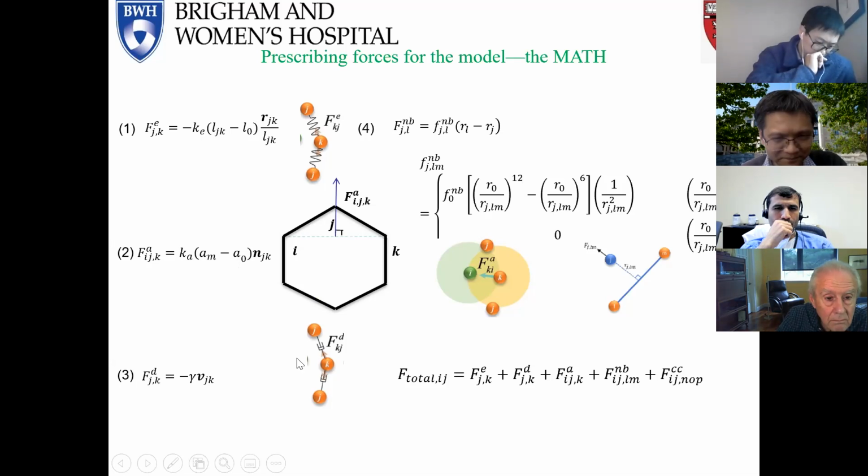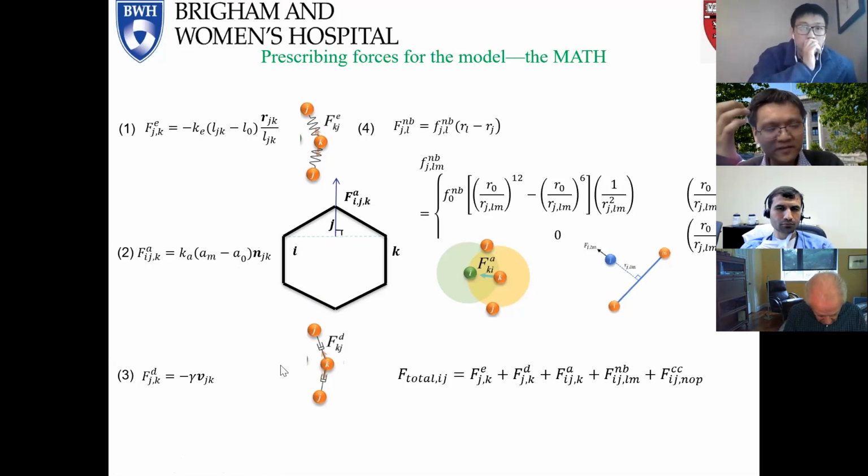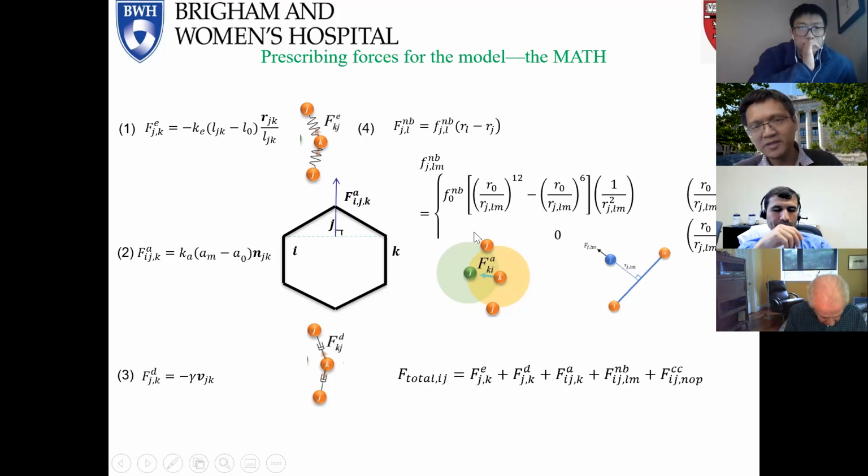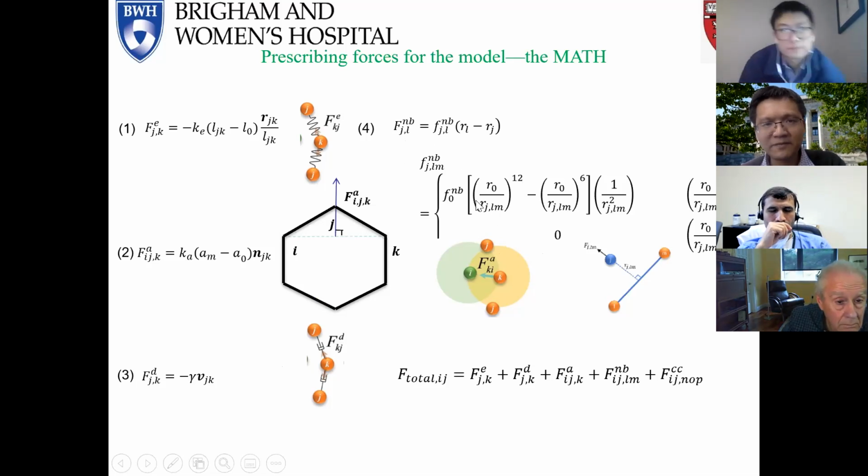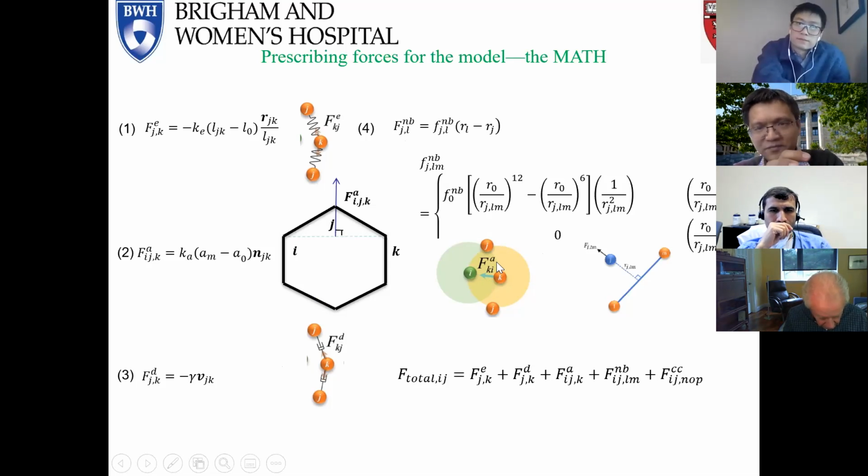Since we think of the cells as a viscous fluid, as a viscous medium, we also have a viscous force term. And in order to prevent the cells from penetrating each other, we also prescribe a Lennard-Jones type of potential. That force will prevent the cells from penetrating each other.